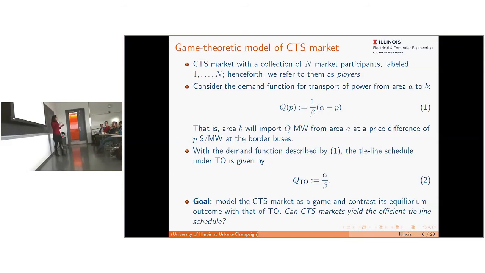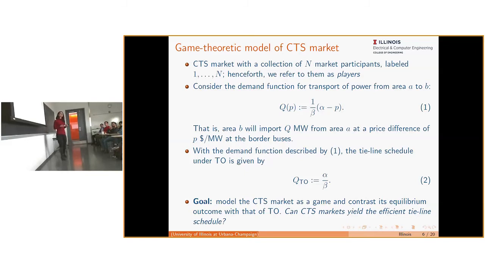That price spread represents a relation between quantity to transport with price. So since we are interested in analyzing the strategic interactions of these players, this analogy motivates us to be inspired by prior work that has been done in game theoretic analysis in wholesale organized markets for electricity.